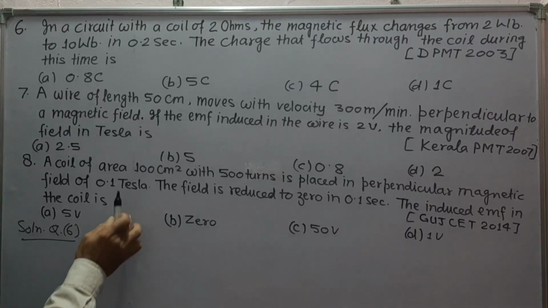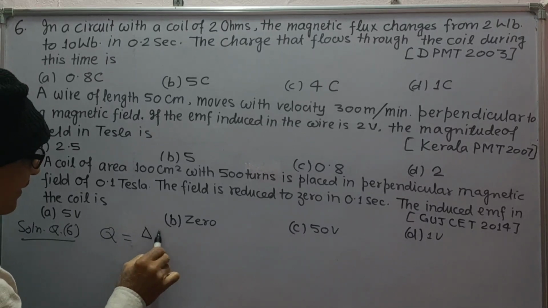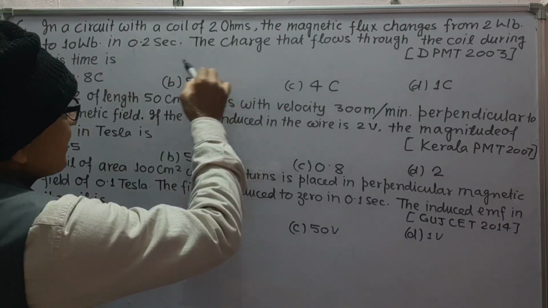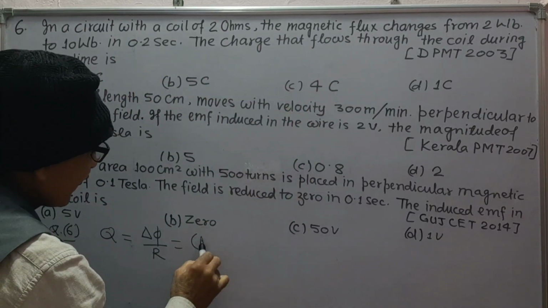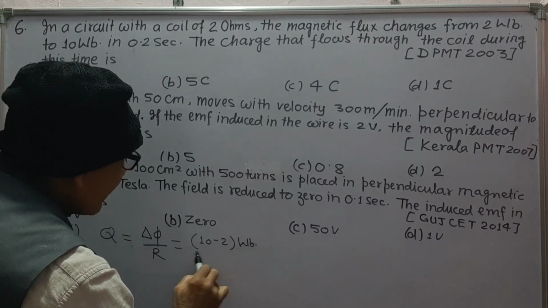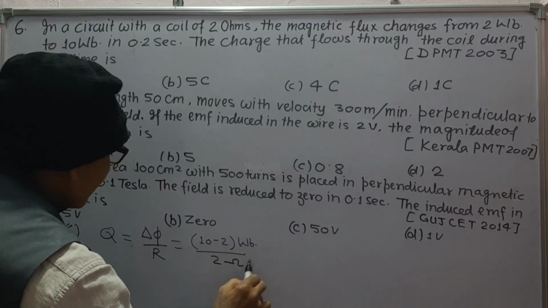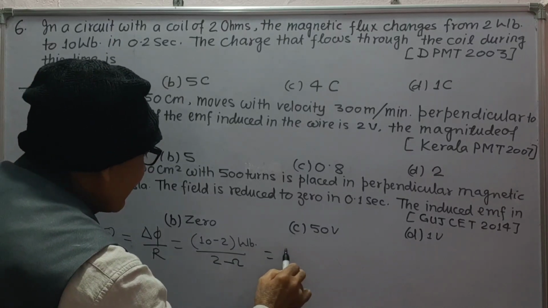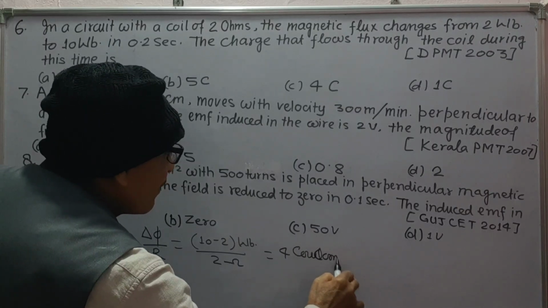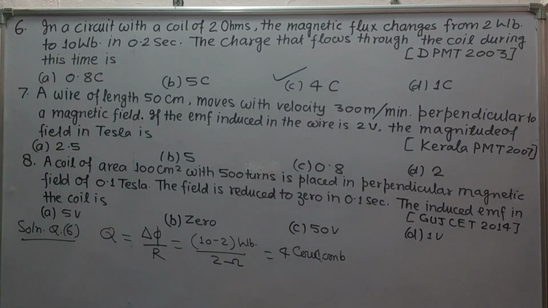We know charge flowing through a coil due to flux change is delta phi upon R. Here delta phi is 10 Weber minus 2 Weber upon resistance 2 ohms. Therefore, this will be 4 Coulomb. Charge will be 4 Coulomb, that is C is the correct answer.